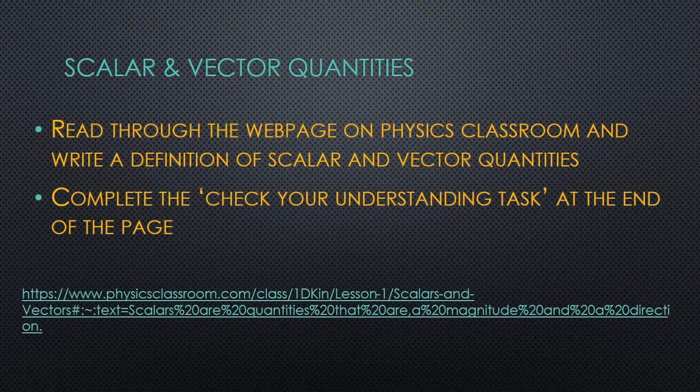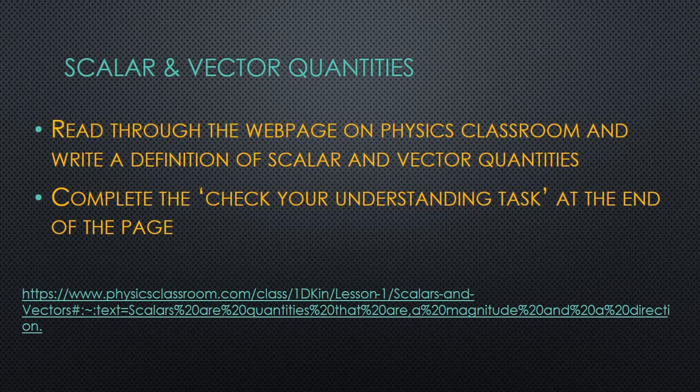There is a page there that I'd like you to use to write your definitions and also take a few brief notes. And then there is a check your understanding task at the end of the page, which you can use just to check that you understand what the difference is between the two of them.